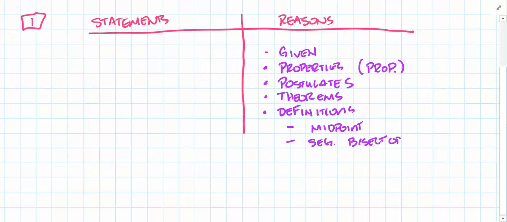That could be a reason. Another definition that we've had are angle bisectors. I could also use the definition of a right angle. I could also use the definition of a straight angle.